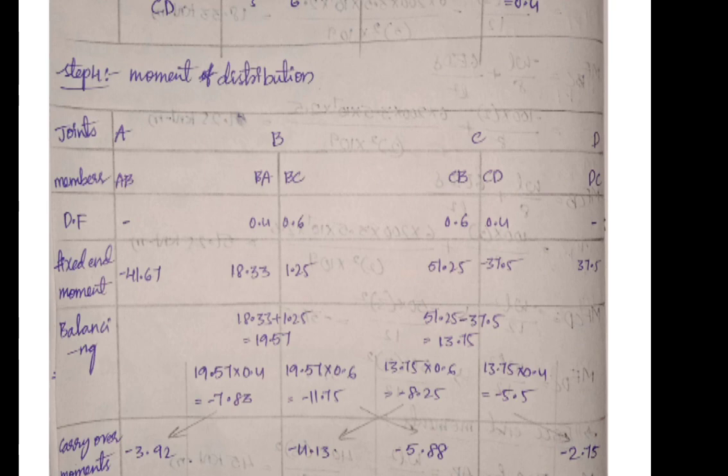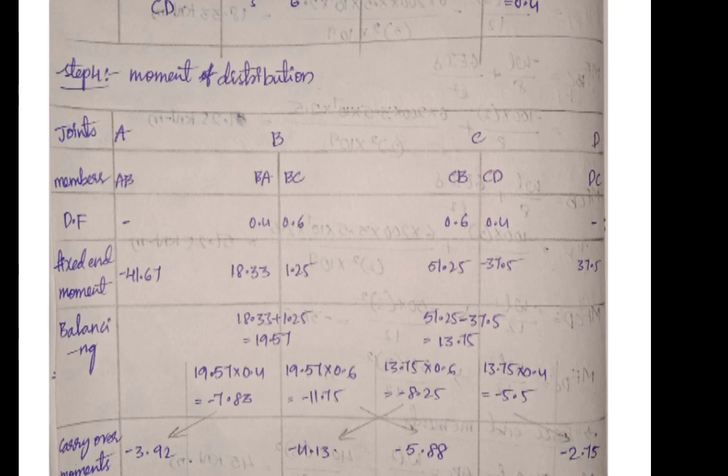And if we are not getting the same values at the joints, then again we need to repeat the procedure: balancing with opposite sign into distribution factors, and carry over moment, again calculating final end moments. We need to repeat this procedure till we get the same values at the joints with opposite signs.